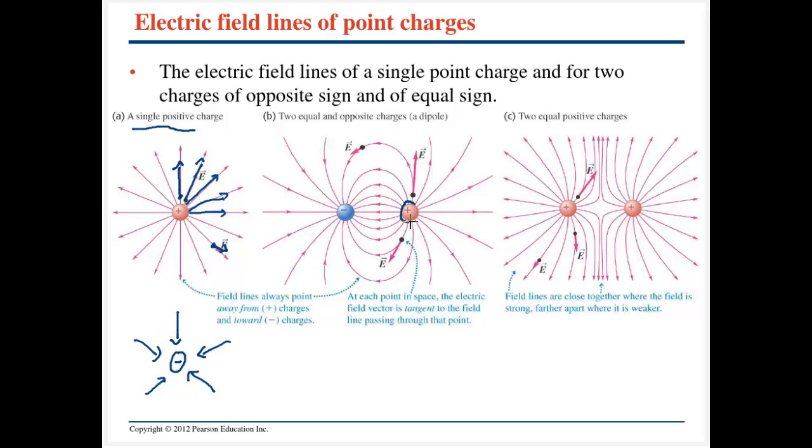Now, if we consider a system that has a positive charge here and a negative charge here, we know that the electric field lines are always going to point away from the positive and towards the negative as such. However, they're going to add together in regions in between them. The electric field right here is going to be the sum of that of the negative charge and the positive charge.